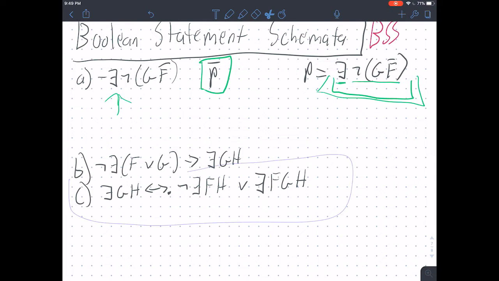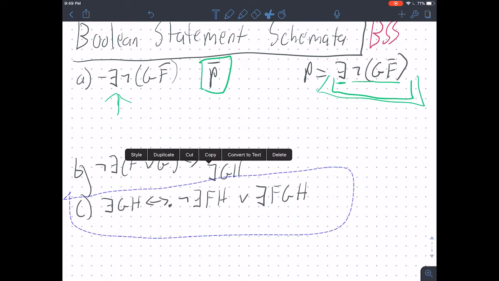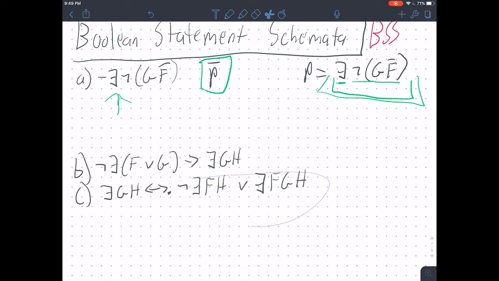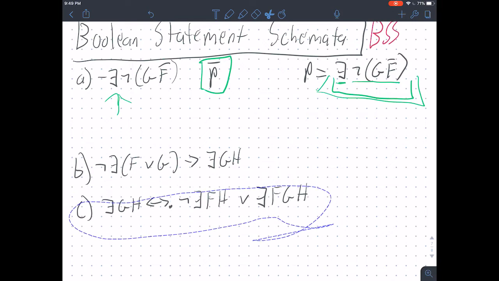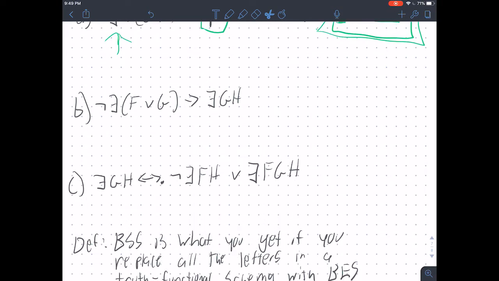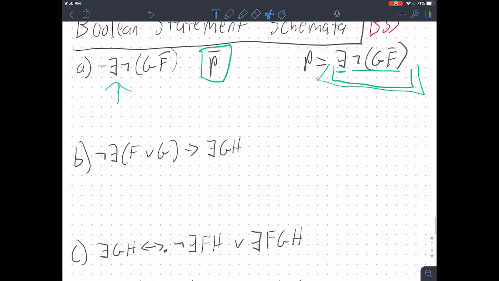Again, I'll just show you what I mean with all these examples. It's not the end of the world if this confuses you a little bit, as long as you can recognize them. Okay, so for the second one, this is a conditional.